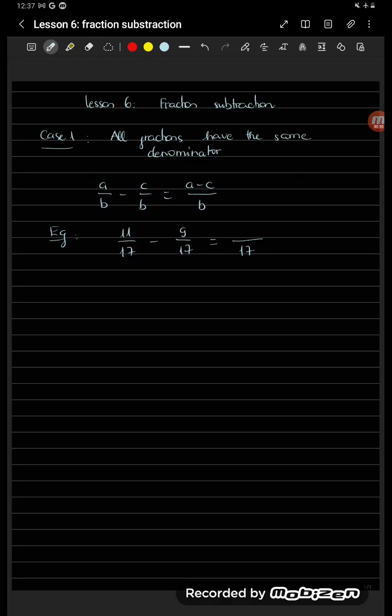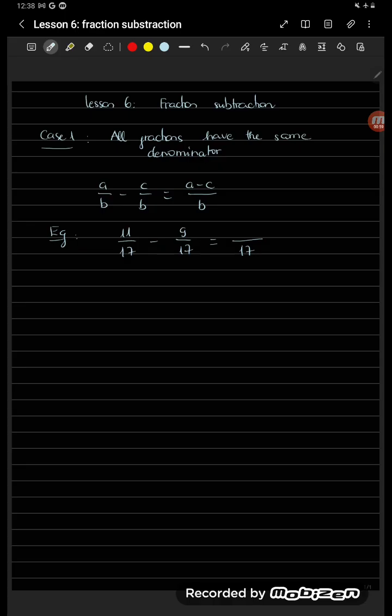For example, if we have two fractions, a over b subtract c over b, both fractions have the same denominator b. In this case, the answer will have the denominator b, and the numerator will be a subtract c.